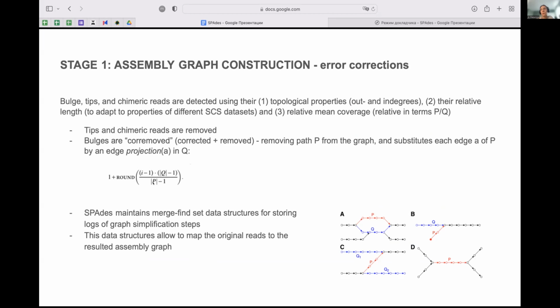It's crucial for the final stage when we need to reconstruct contigs. Basically, this data structure allows us to map the original reads to the resulting assembly graph.